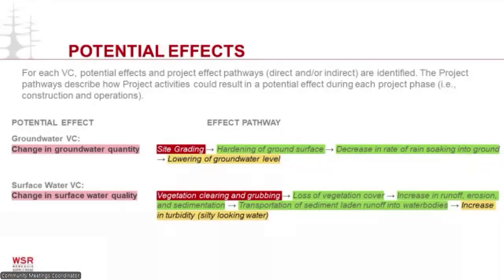For each VC, we look at potential effects and pathways, how it happens, the route followed. For example, grading or reshaping the land as part of the project usually hardens the ground, making it harder for rain to get into the soil and lowering groundwater levels.